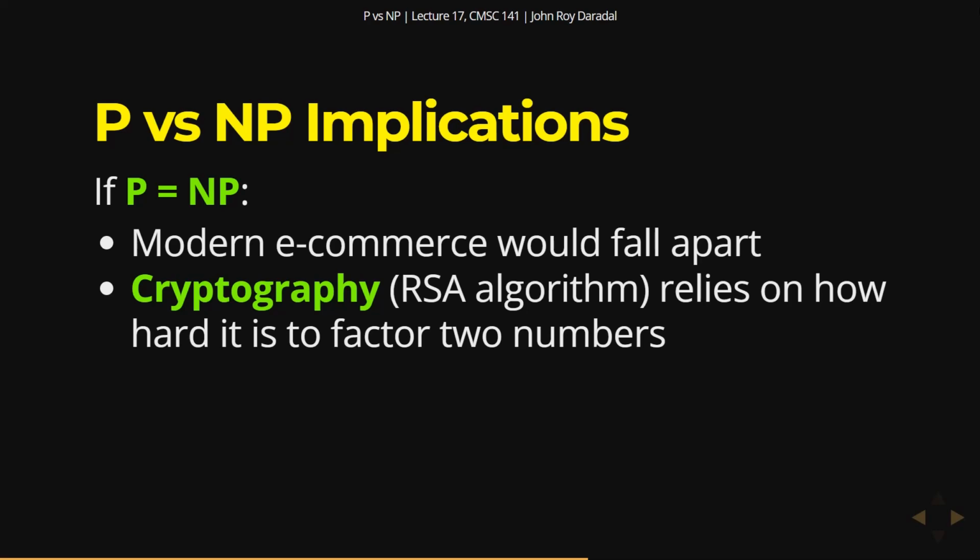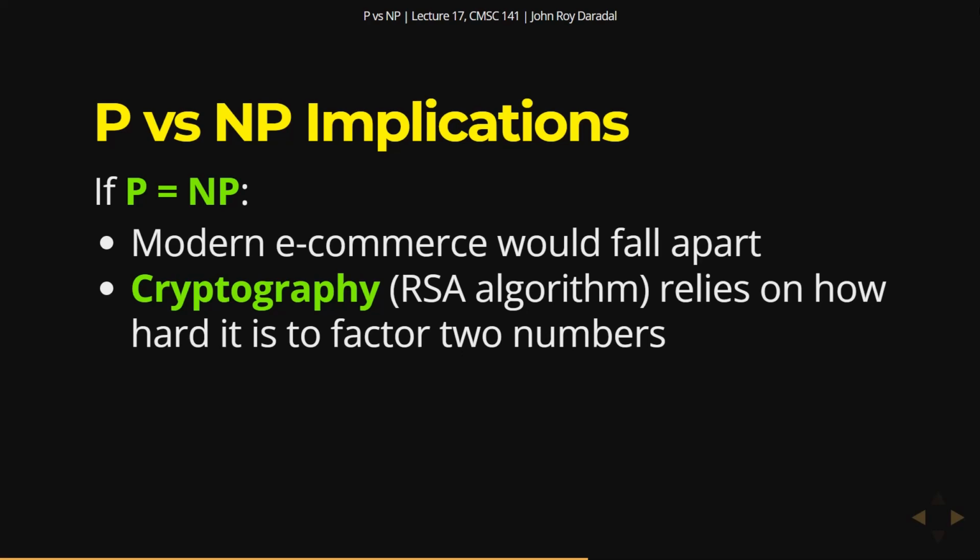But most cryptography algorithms rely on how hard it is to factor two numbers. So later on, if you get into cryptography, you'll learn about the public key and private key, and those two numbers are being multiplied together, and then that is the key that is being given, and only the sender and the receiver know these two keys.